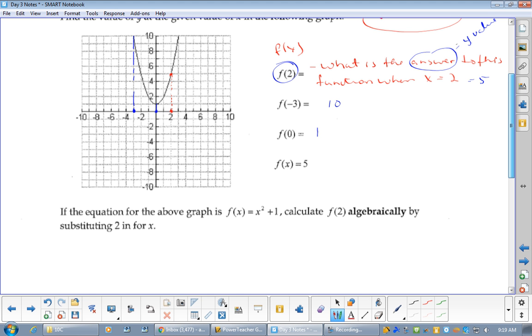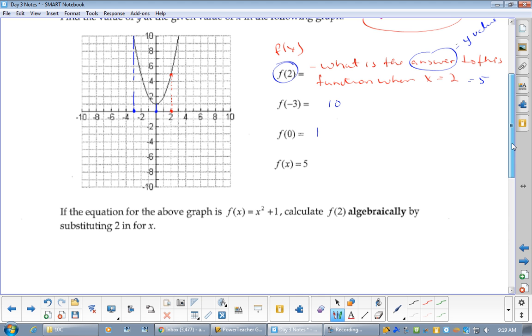Now, this one, can anybody translate for me what that is saying, or what it is asking? What is x when y equals 5? Okay, that would be a perfect translation.